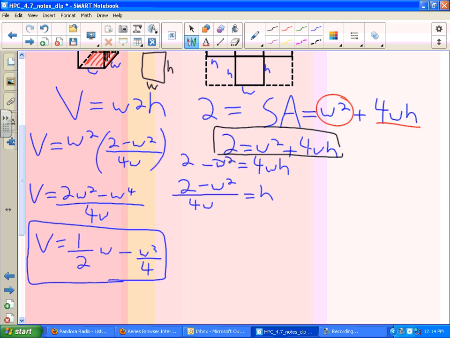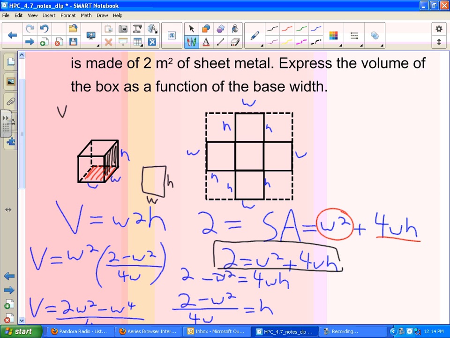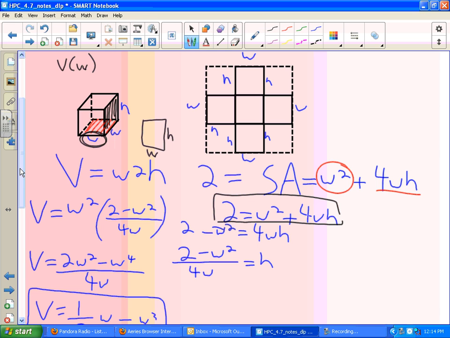When it says I want to find volume as a function of the width of the base, everything needs to be in terms of W, so I'm going to have to say V of W. Had I used a different variable, X, whatever, I would have V of that variable. So the generic volume of this box is W squared, length times width, and then times height. That's the generic formula for the volume of this box.